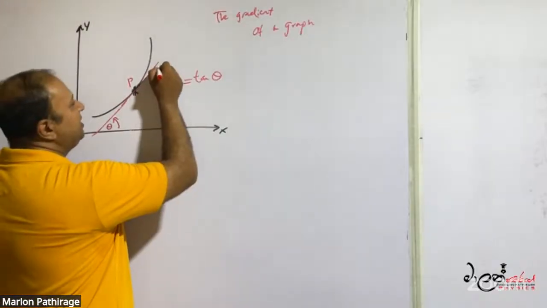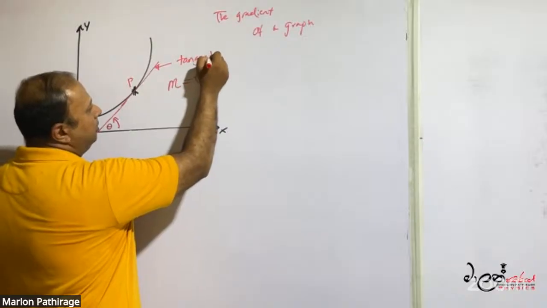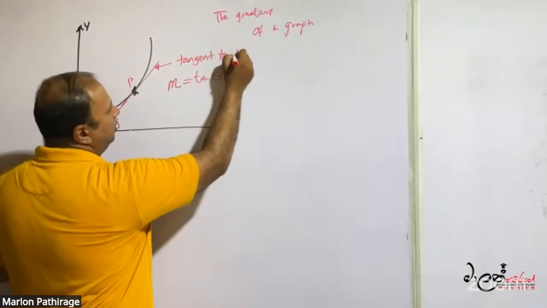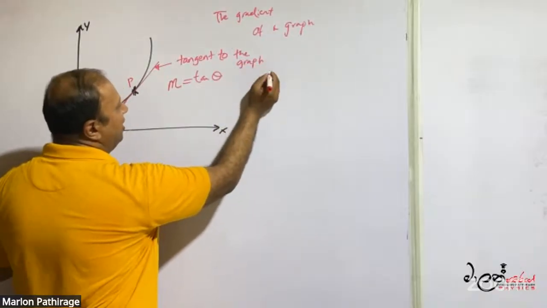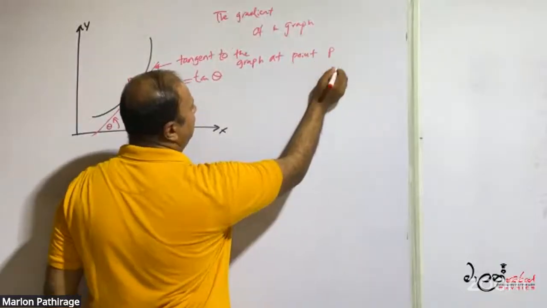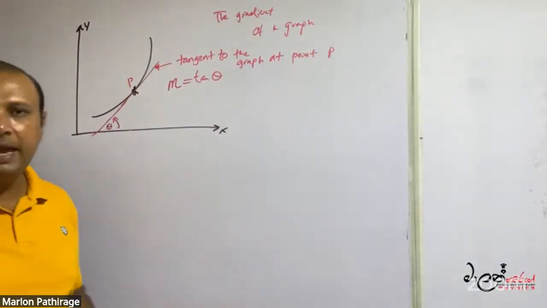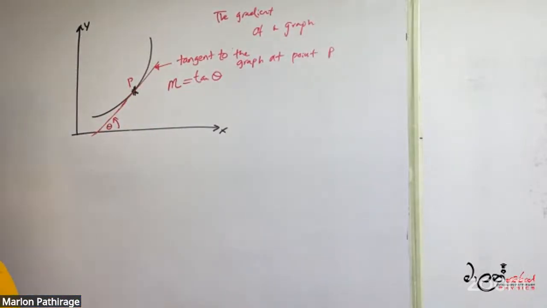So this is the tangent to the graph at point P.